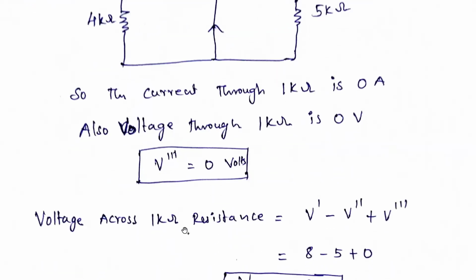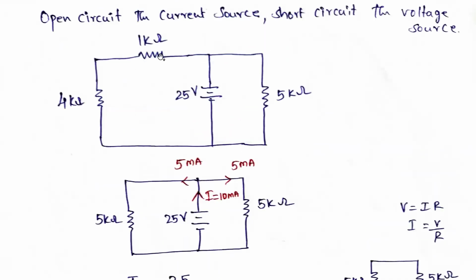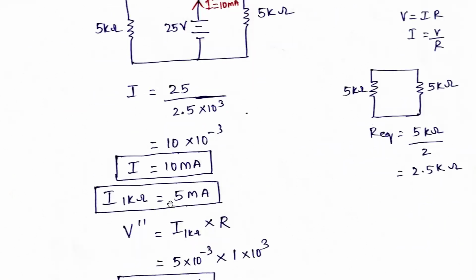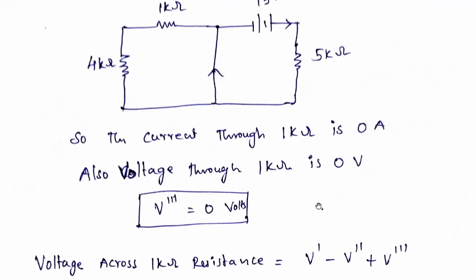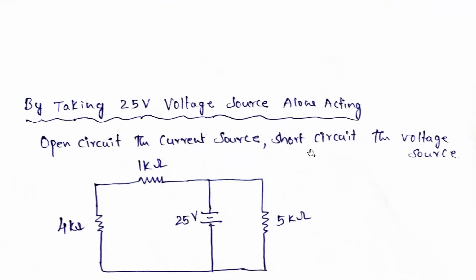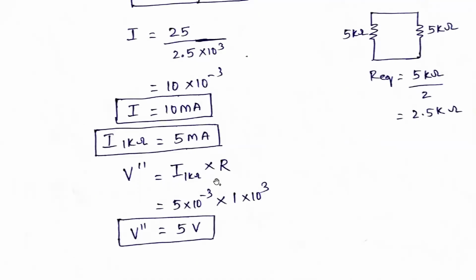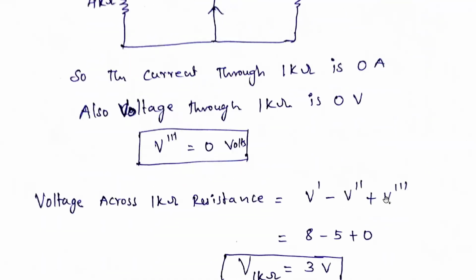So the voltage across the 1 kilo ohm is V dash plus V double dash plus V triple dash. Why are we taking minus here? Because the voltage is supplying in the opposite direction, so we are taking this as minus 5 volts. So remember that. V dash we calculated as 8, V double dash is minus 5, and V triple dash is 0.